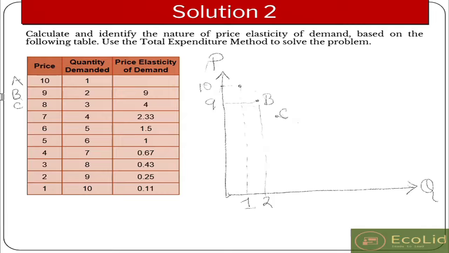So like that we are roughly taking the values. So here price is 8, and the quantity is how much? 3, so quantity is 3.